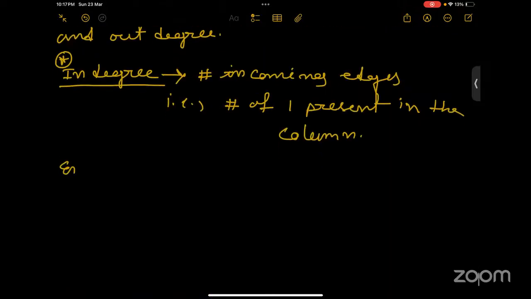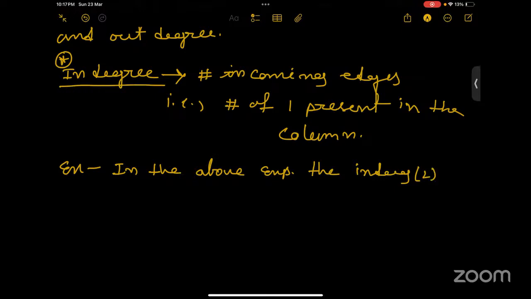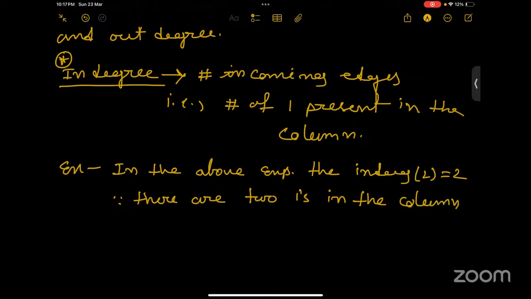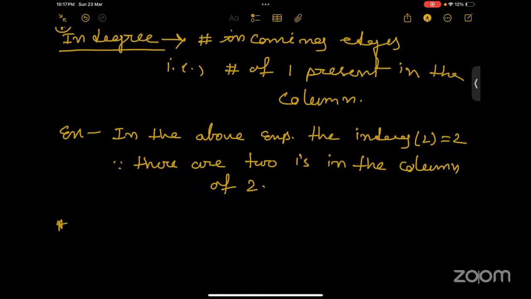So for example, in the above example, the in degree of 2 is 2, since there are 2 ones in the column of 2, right? Then we have out degree.